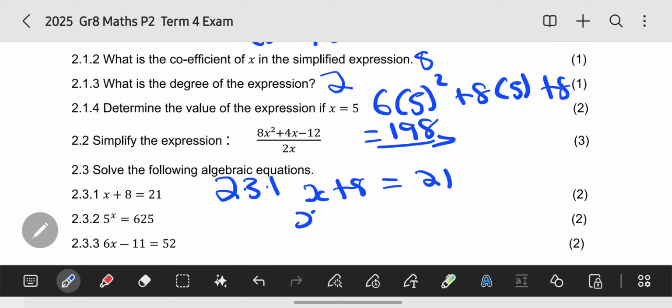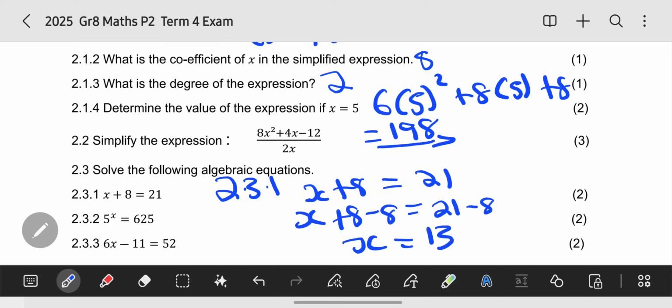What are we going to do to take this 8 to the other side? We're going to subtract it on both sides. And then x is going to be 21 minus 8. That was a slip of the tongue. It's going to be 13. So the answer is 13. And now we can move to 2.3.2.